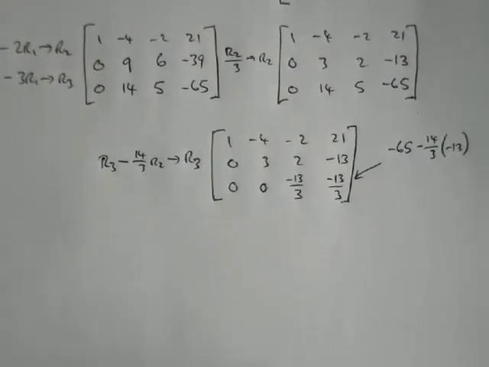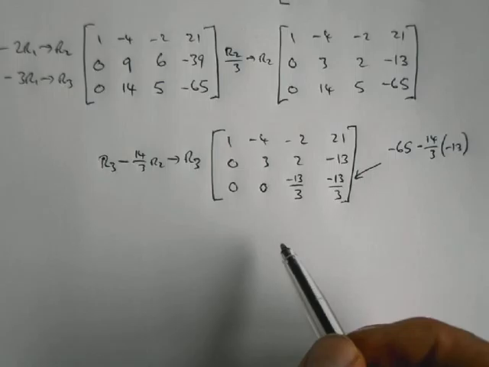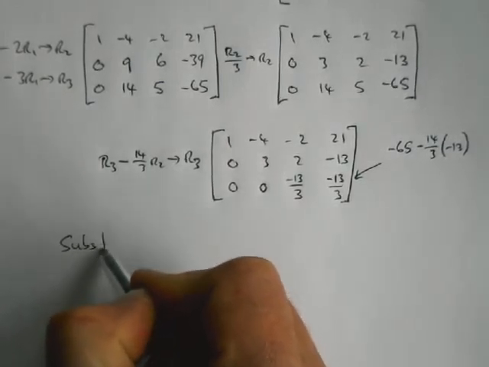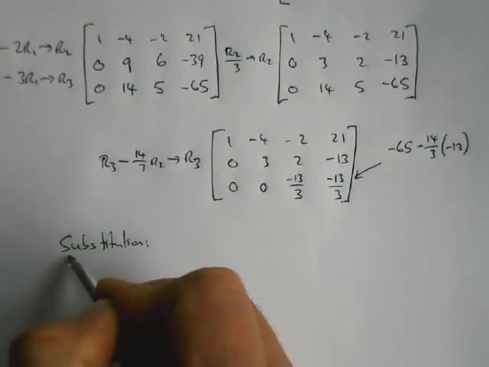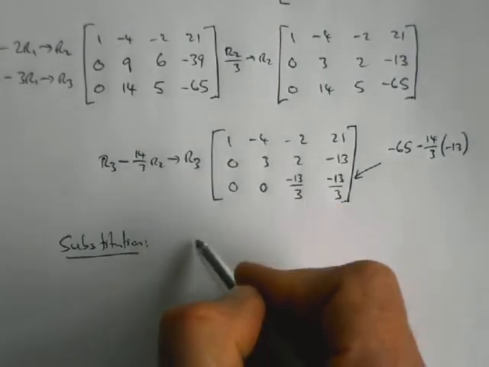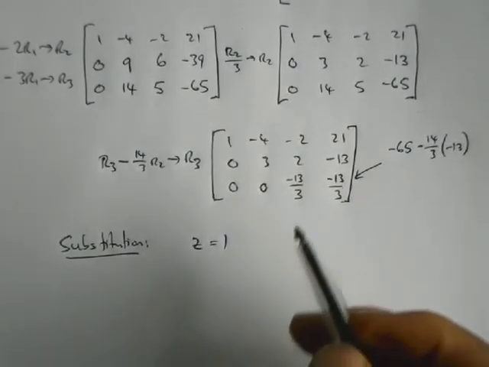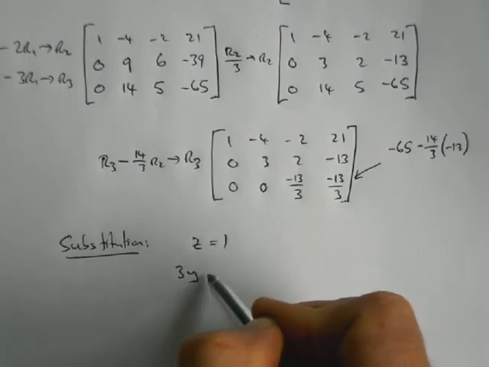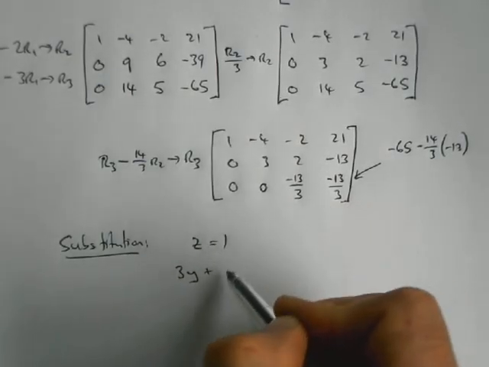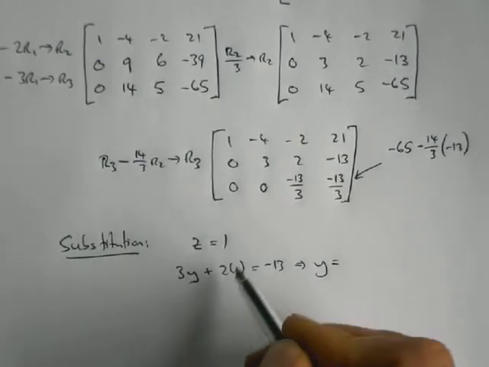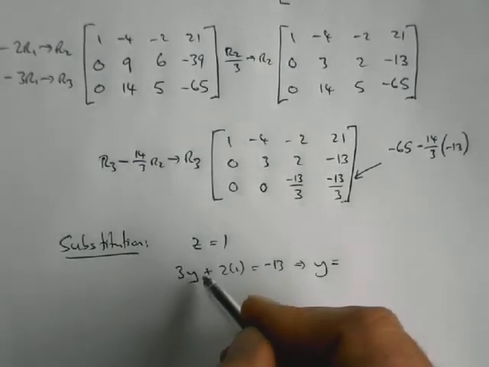So substitution, well, the first one's really easy because it's just telling us that this lot of z's equals that. So they're the same, so z obviously has to be 1. For the second one, it's telling us that 3 lots of y plus 2 lots of z, which is 1, is negative 13, which means that y has to equal negative 15 divided by 3, which is negative 5.